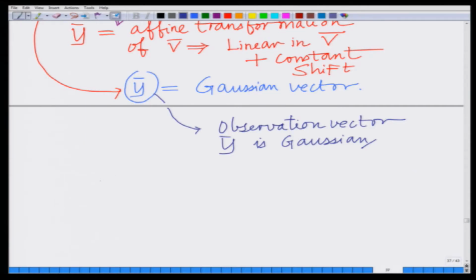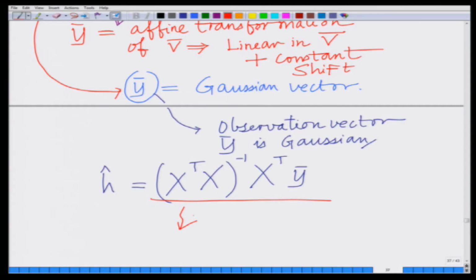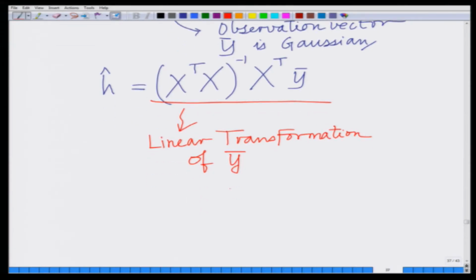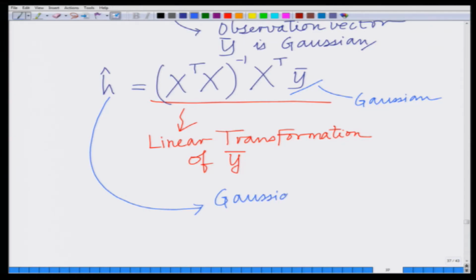Now, if you look at h hat equals (X transpose X) inverse X transpose y bar, this is basically a linear transformation of the vector y bar, and hence since y bar is Gaussian, and a linear transformation of a Gaussian vector results in another Gaussian vector, h hat is Gaussian in nature.